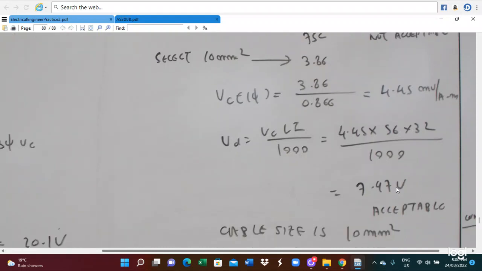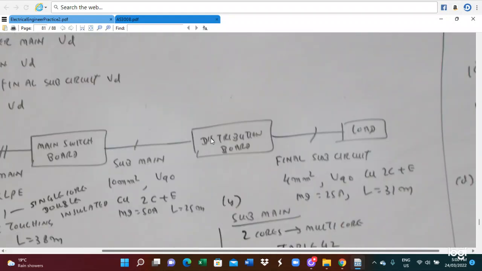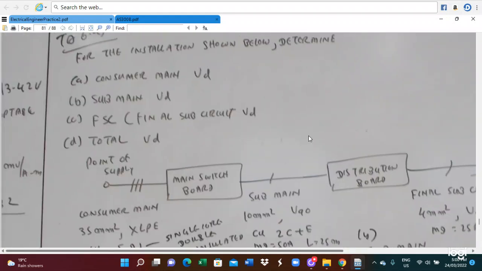So at that time it is acceptable. So the 10 millimeter square cable is selected. So this means that in this problem we can utilize the voltage drop calculation by using the current and also by considering the voltage drop.